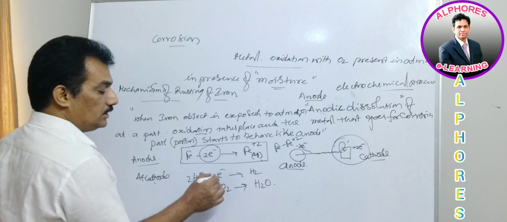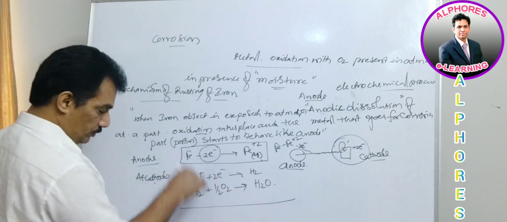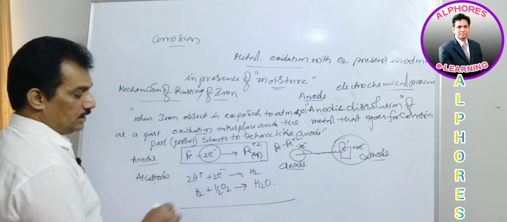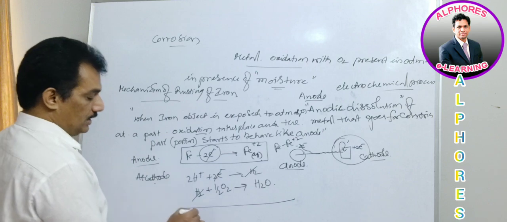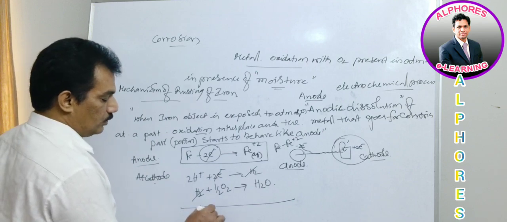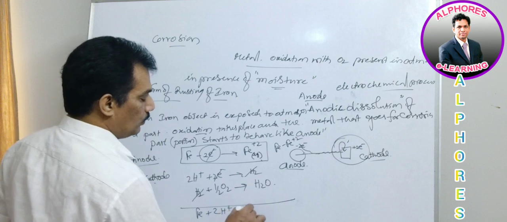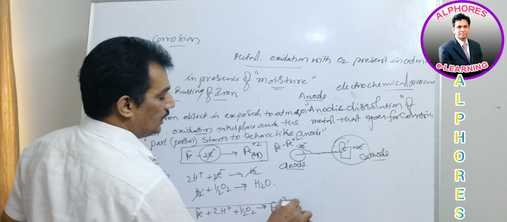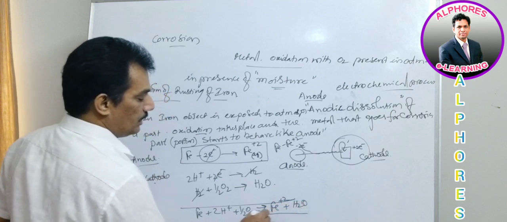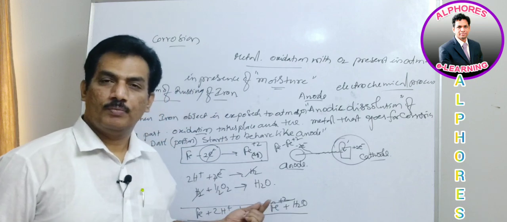Here 2 electrons are released, here 2 electrons are gained. Now the total reaction, anode and cathode reactions combined, these cancel and these cancel. Now what is happening? Fe + 2H+ + 1/2 O2 gives Fe2+ + H2O.